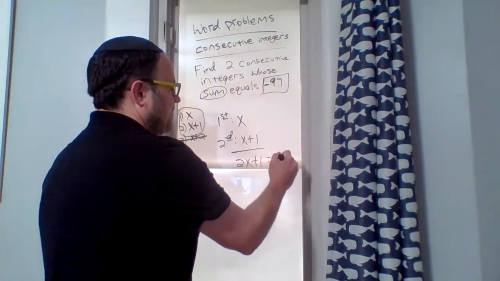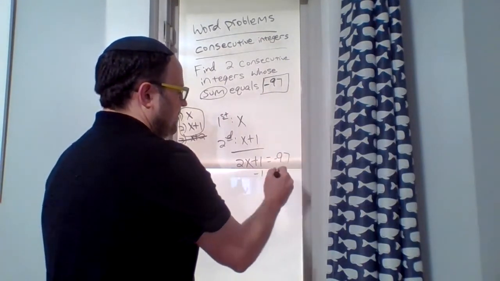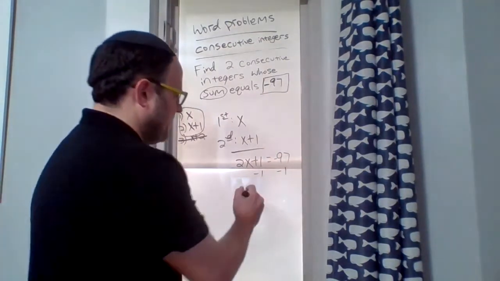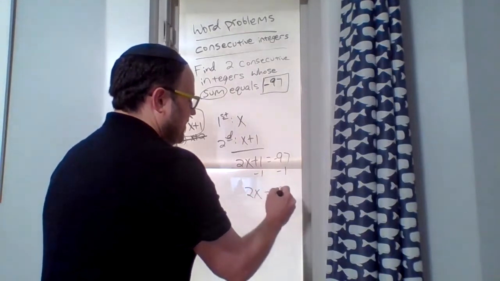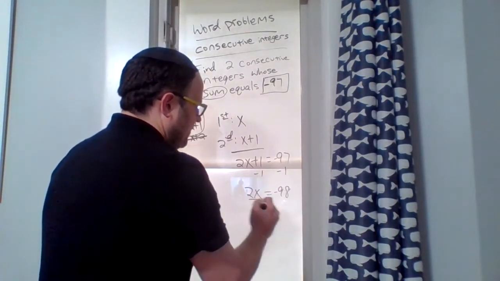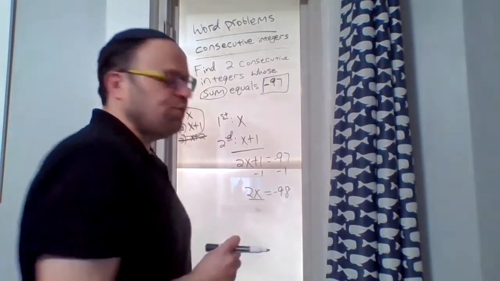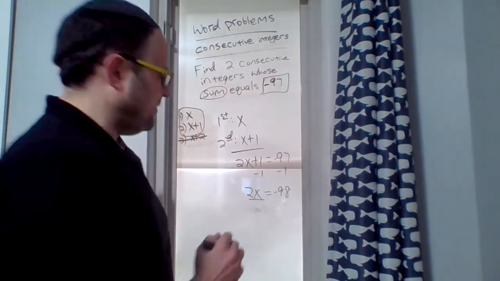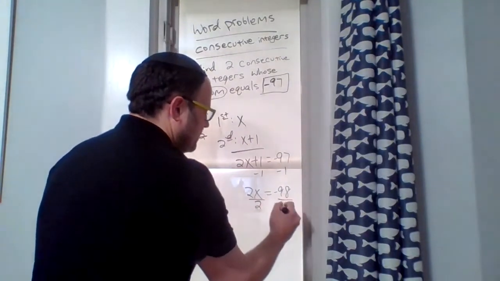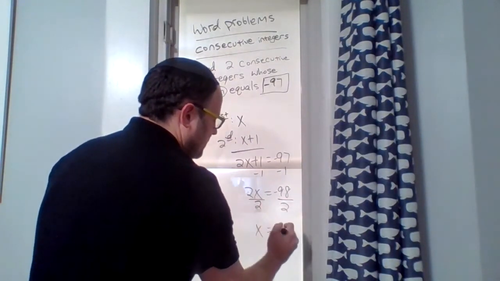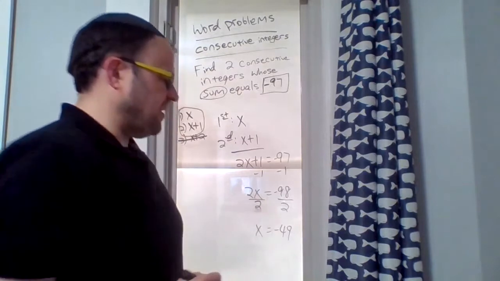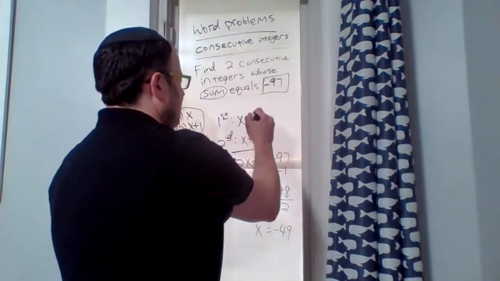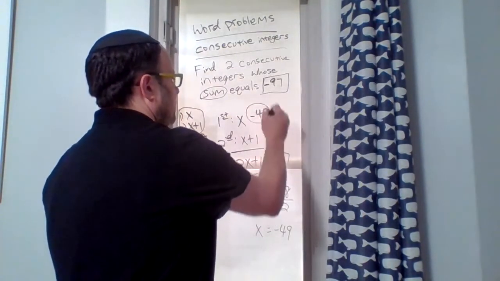2x plus 1 equals negative 97. You know how to solve that. 2x equals negative 98. And remember, how is the 2 connected to the x? Multiplication. How are you going to disconnect it? Division. Negative 98 divided by 2 is negative 49.